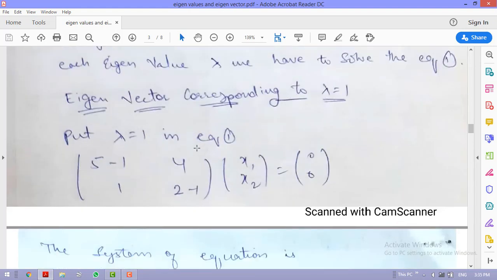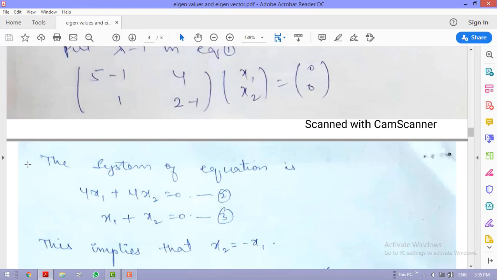Okay, so now let us see the system of equations. 5 minus 1 equals 4, so 4 into x1 plus 4 into x2 equals 0. Similarly with the next line, 1 into x1, and 2 minus 1 is 1, so 1 into x2. So here I get x1 plus x2 equal to 0.